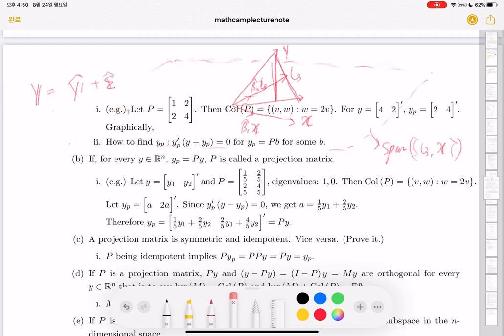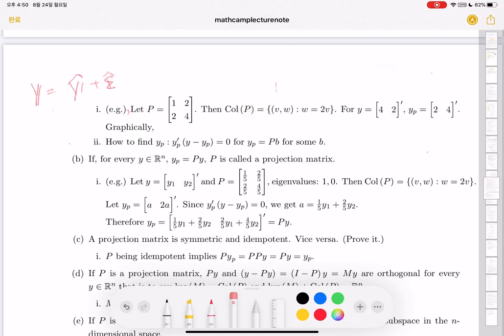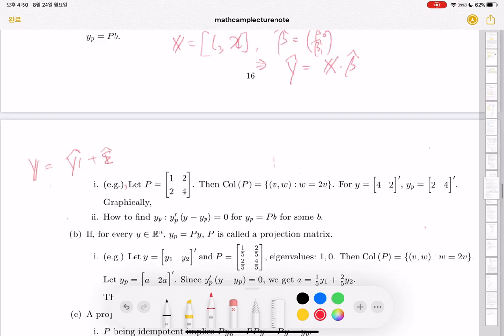So the way you find the projection vector, by the way, what is the projection vector here? This is your projection vector. So the way you find this projection vector coefficient is you minimize y minus x dot beta hat.